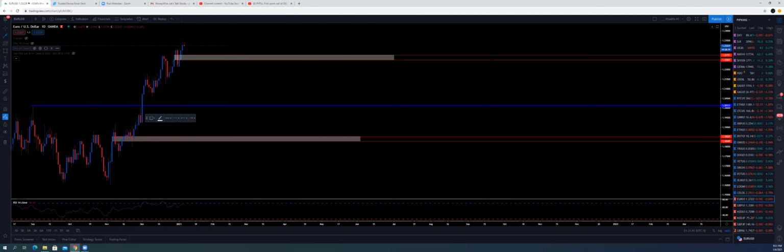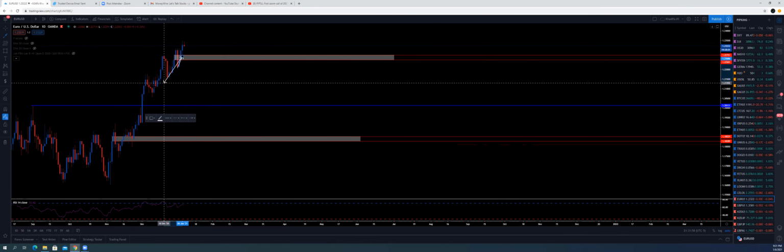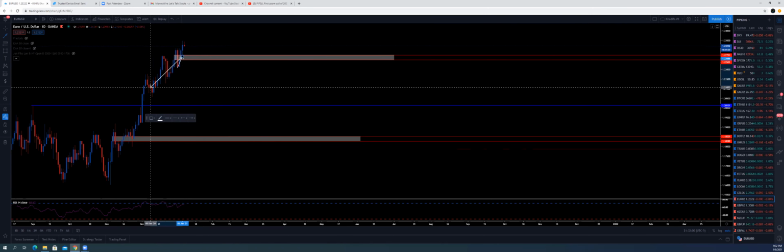However, I did tell you guys that I wanted to see a reaction off of this level. I would have liked to see price give us an opportunity for a sell right there to come back down and retest this structure over here, this price structure that we have.